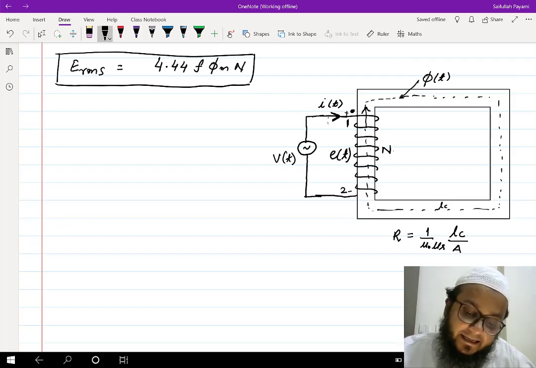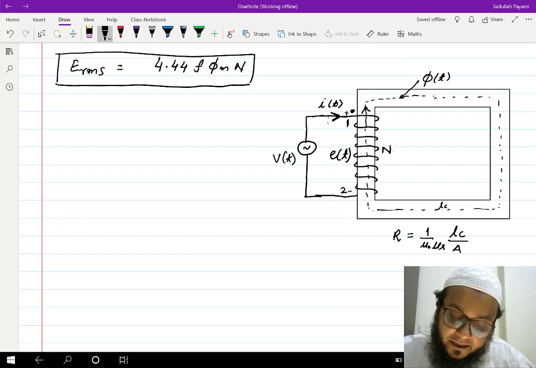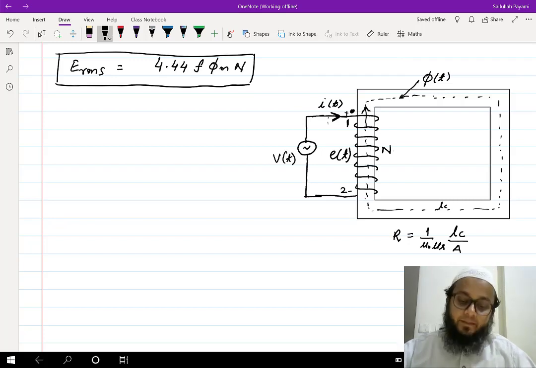If that is the case, you can see that this phi t was being produced there, so it will try to counter this phi t. So this dot would be here only. I have put the dot here because this dot will indicate how the induced EMF would be generated on these coils. This is an important thing.